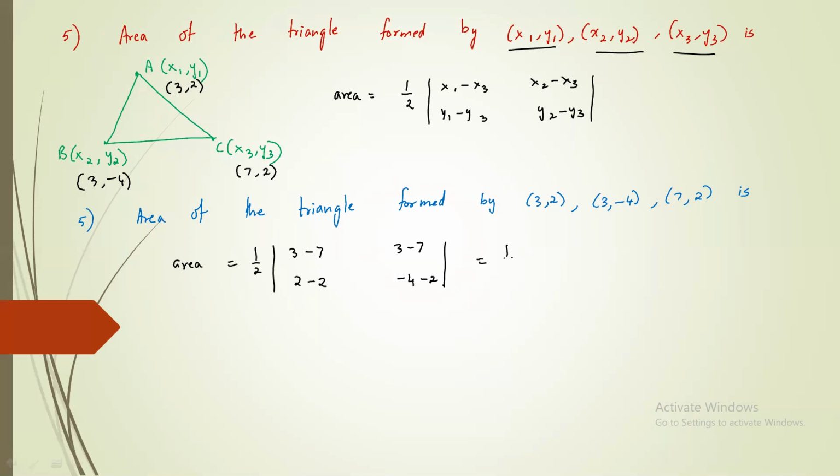That means you have to take half into determinant of minus 4, here also minus 4, here 0, and here minus 6.